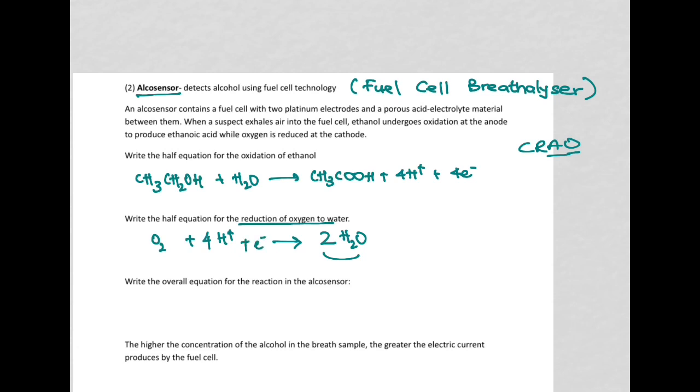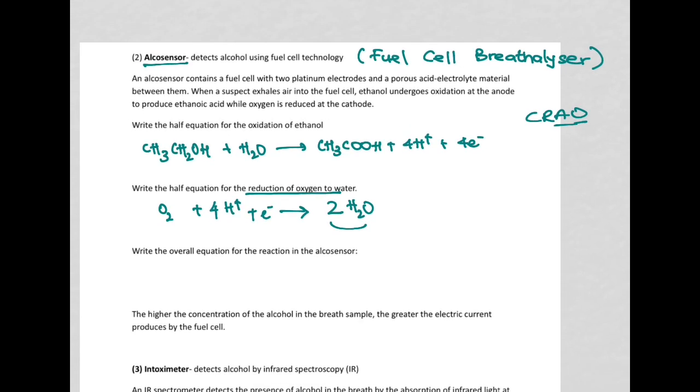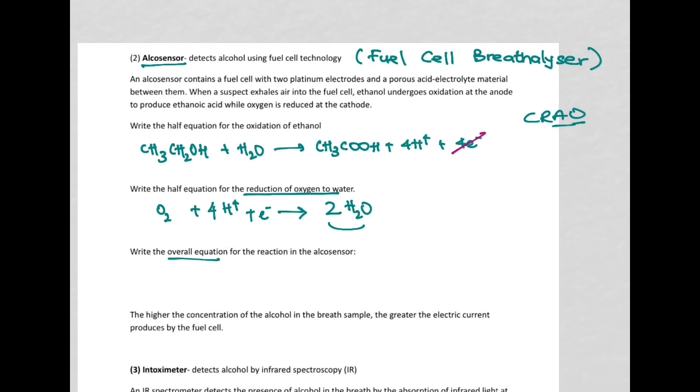So here I have my two half equations. From this I can write the overall equation. Sorry, here you have 4 electrons. So electrons will cancel out, H+ will cancel out, and you end up with the overall equation.